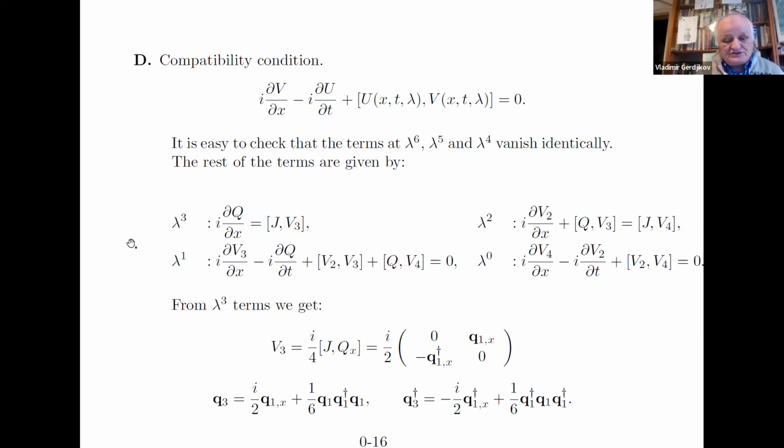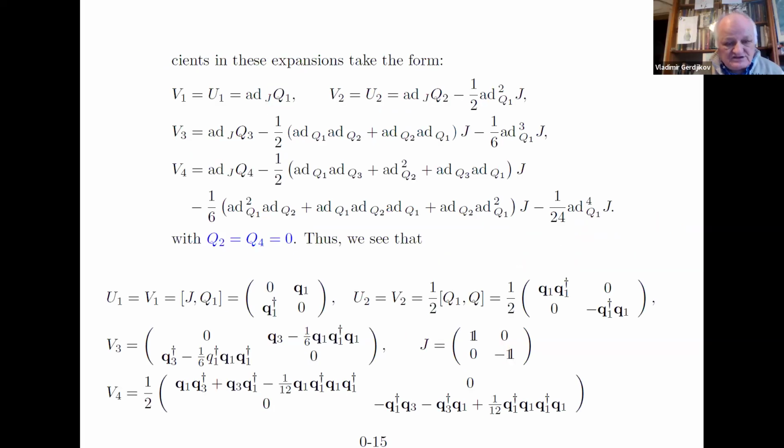And what we have is equations that must be satisfied for the compatibility condition. Lambda cube provides us that V3, the third element in V, must be expressed with the x derivative of Q1. Actually, Q is a little bit different from Q1.